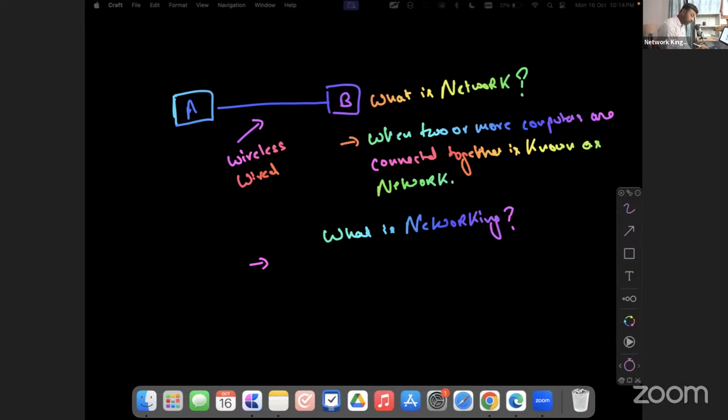So what is networking? Networking is the same thing: when two or more computers are connected together is known as network. And when they share data and resources, is known as networking. Very simple.